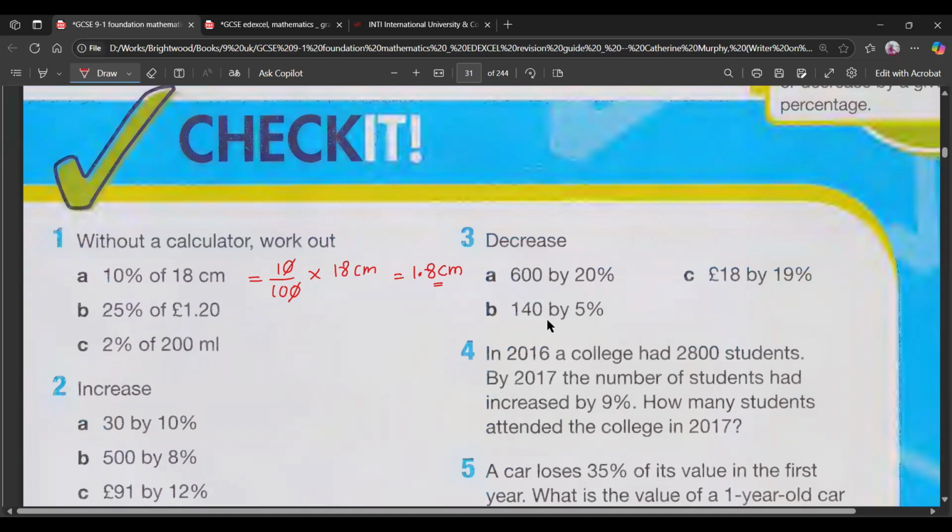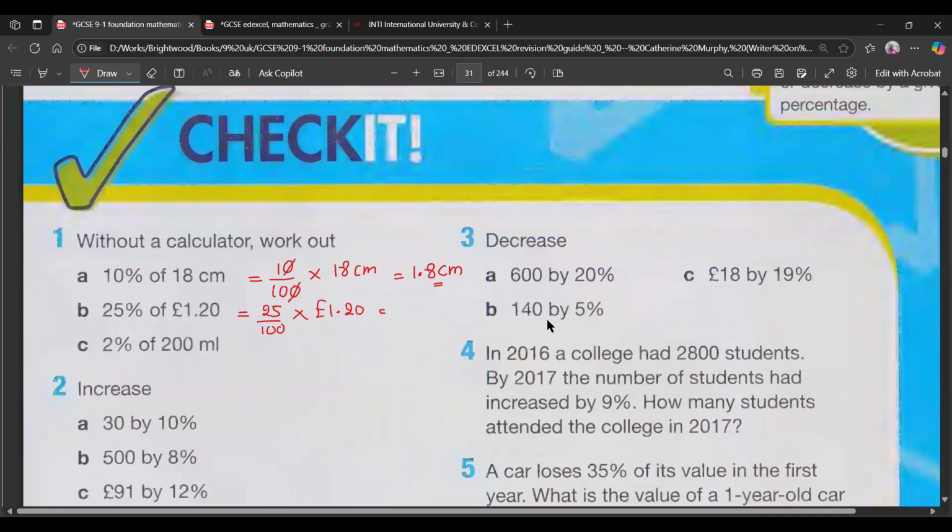Here 25% of 1.2. How to write? 25%, 25 over 100, "of" means multiplication. Here 1.20. So how to cancel this one?